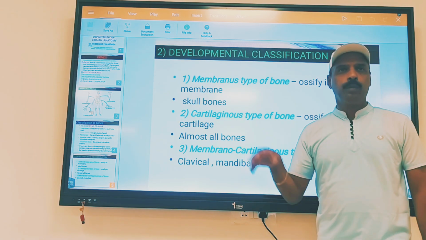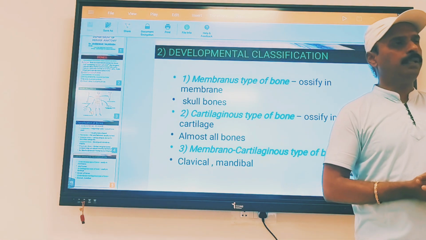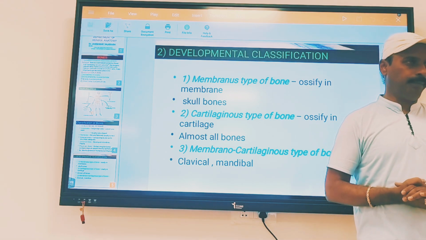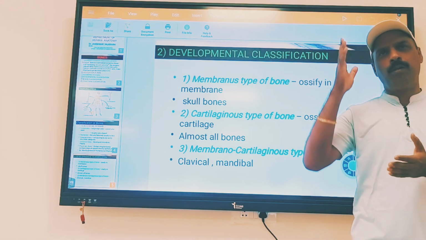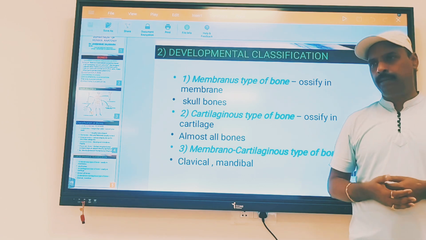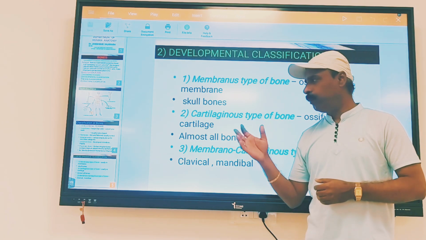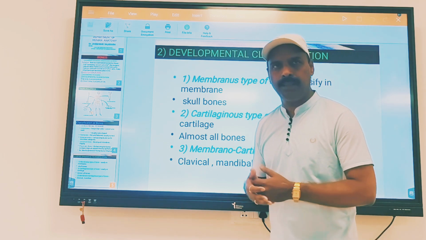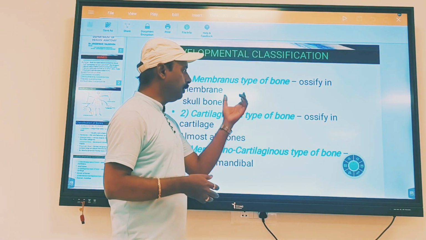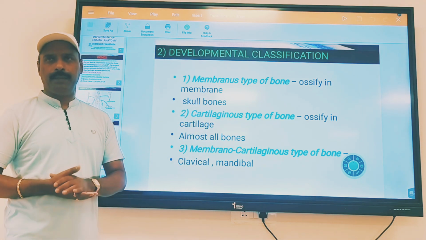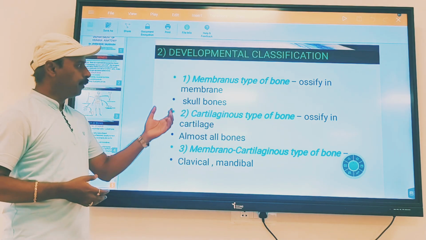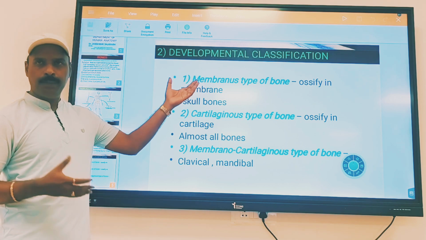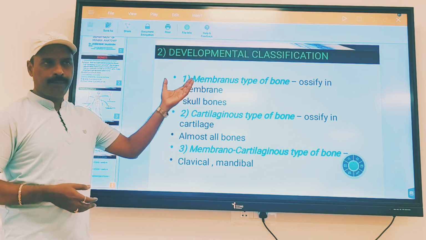The next category is the second broad classification, the developmental classification. I told you one day that not all these bones are developed at once. Not all 206 bones develop on one day. The development process is different for each. The developmental process starts from before birth to after birth.